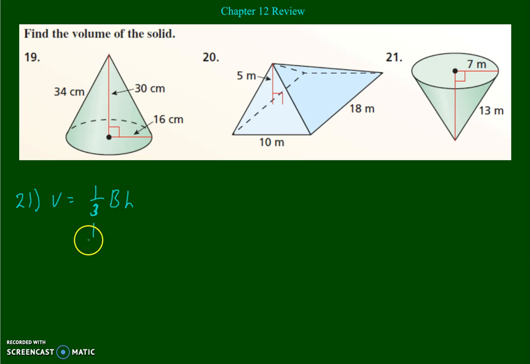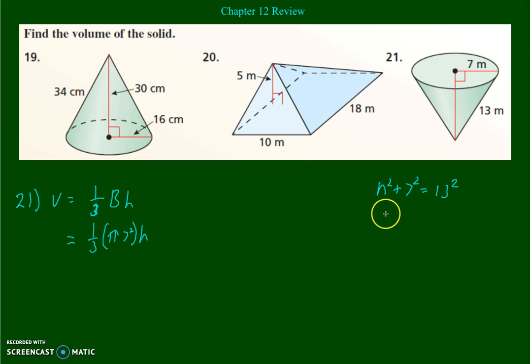So we know that this is 1/3 pi r, which is 7 squared, times the height. So for height, we know that h squared plus 7 squared equals 13 squared.